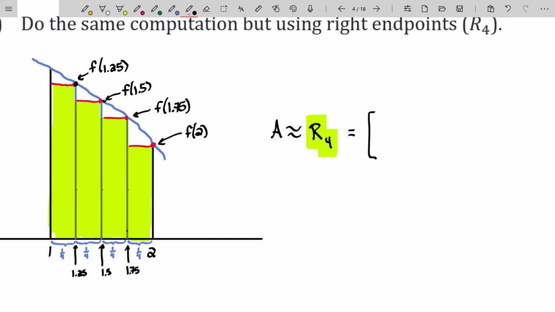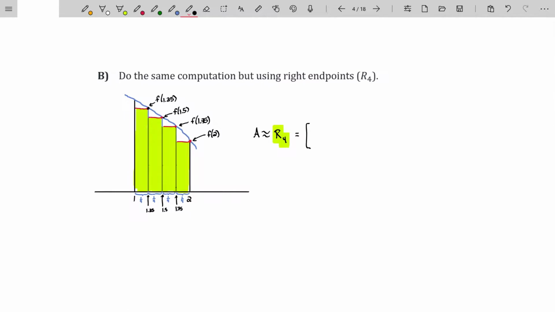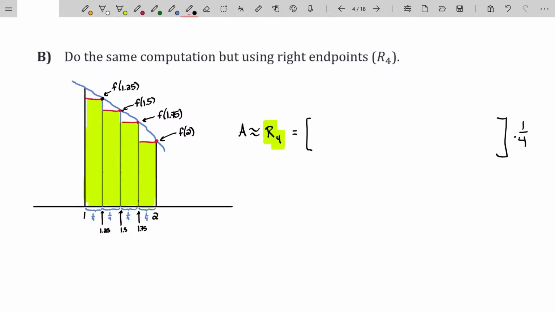So technically, height times width, all the widths will have a 1/4. I could factor that out, and now I'll just have the sum of the heights. So it'll be f of 1.25 plus f at 1.5 plus f at 1.75 plus f at 2.